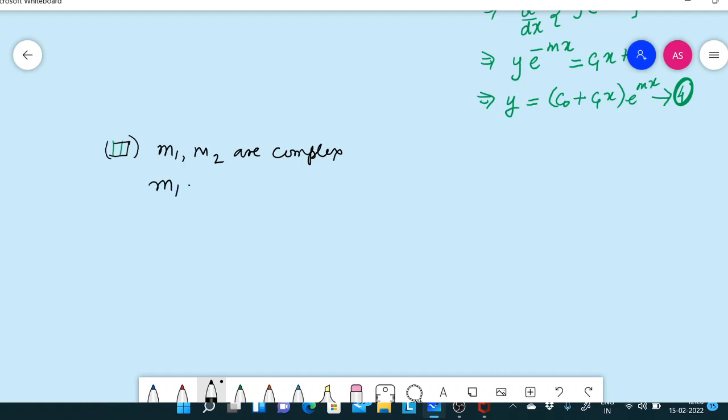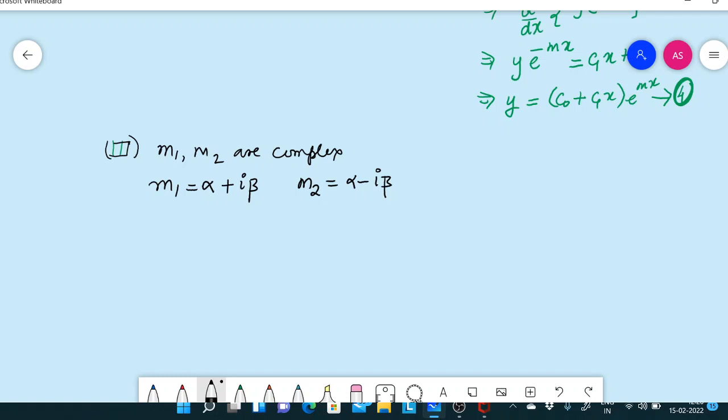If m1 is represented by alpha plus i beta, then m2 will be the complex conjugate of it, where alpha represents the real part of the root and beta represents the imaginary part.